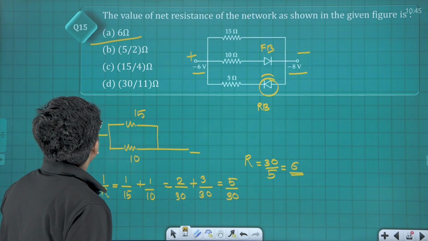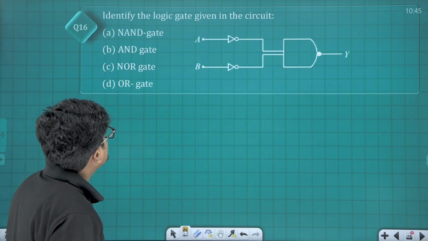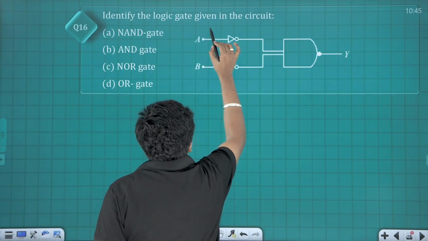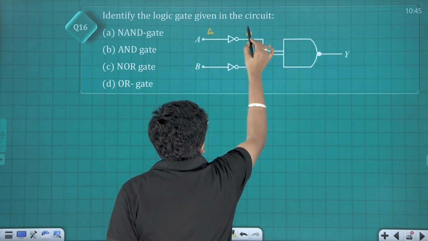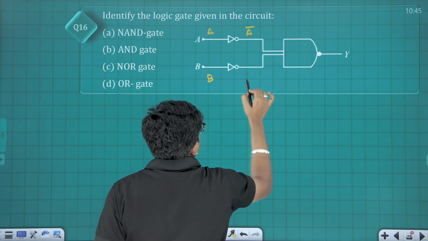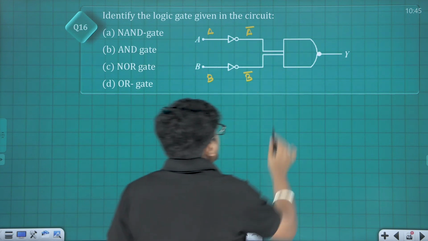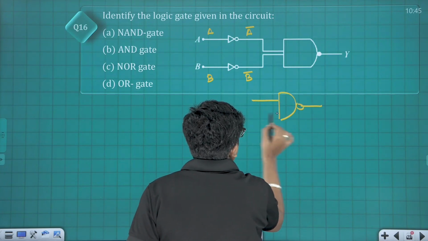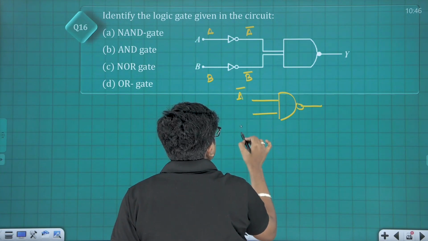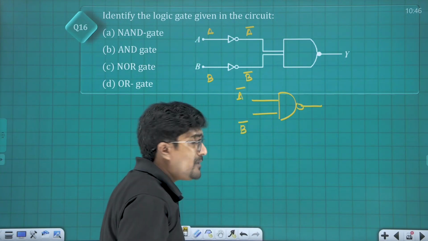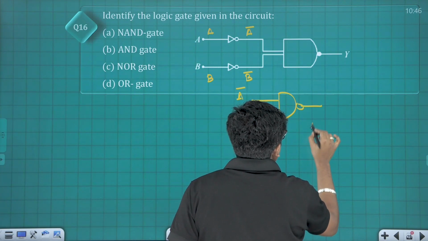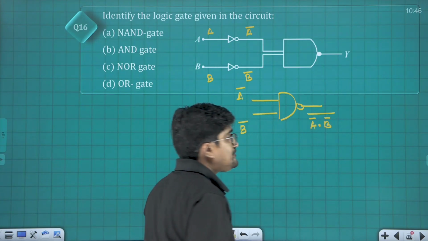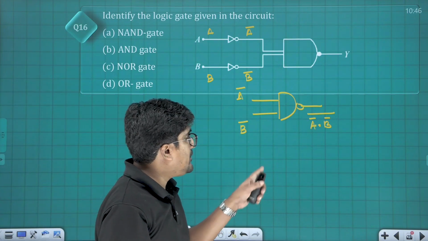Alright, here comes the next. Identify the logic gate given in the circuit. So if this is A, here this is going to be A dash, and here this is B, here this is going to be B dash, and here this is a NAND gate. So the input here is A dash and B dash, or you can say A bar, B bar, and here this is going to be A bar dot B bar, the all complement, or A complement dot B complement, the all complement.